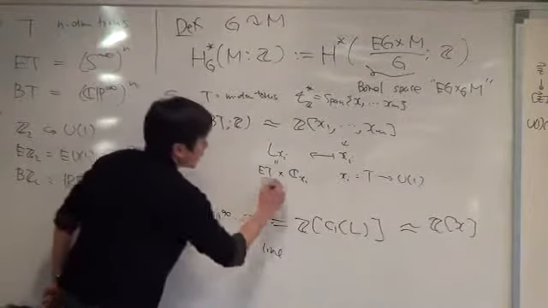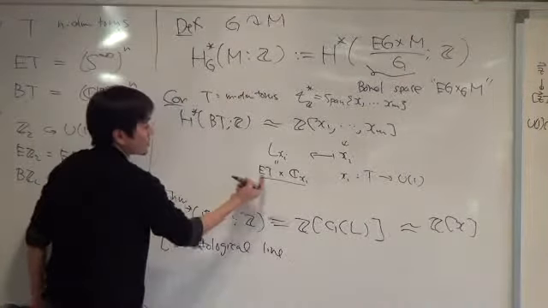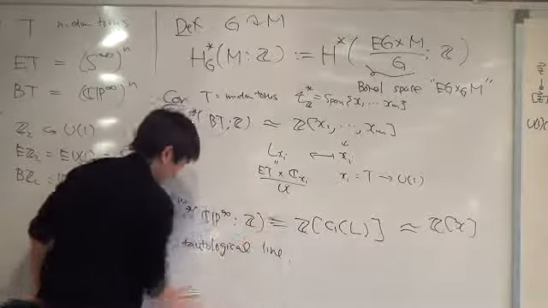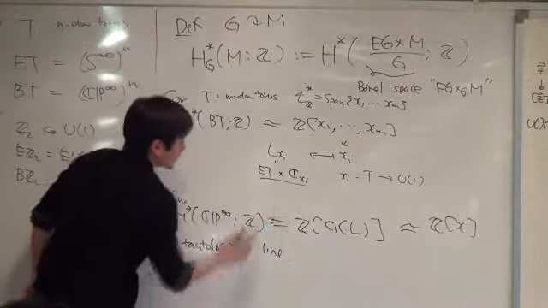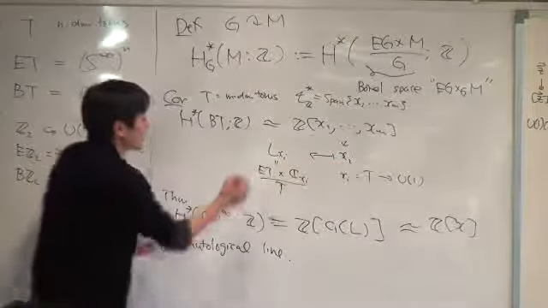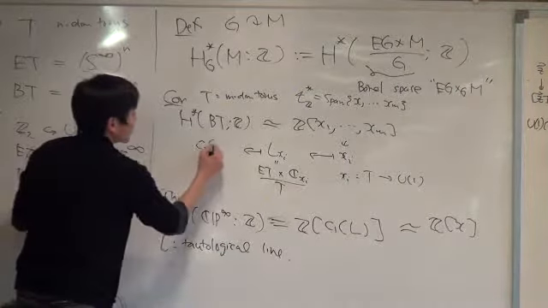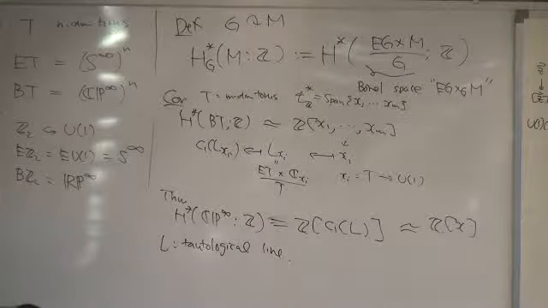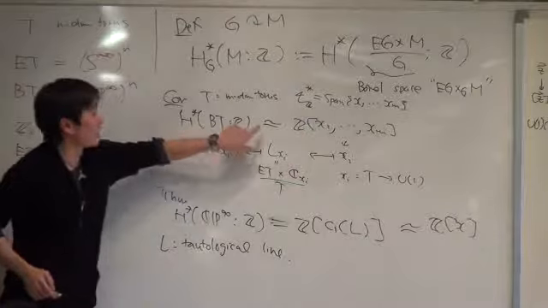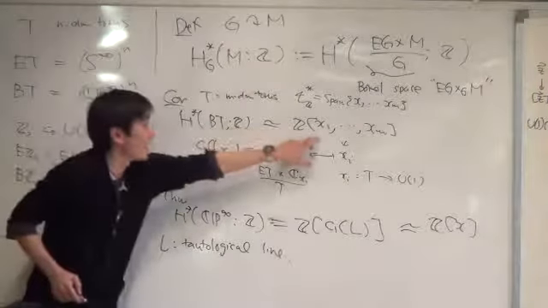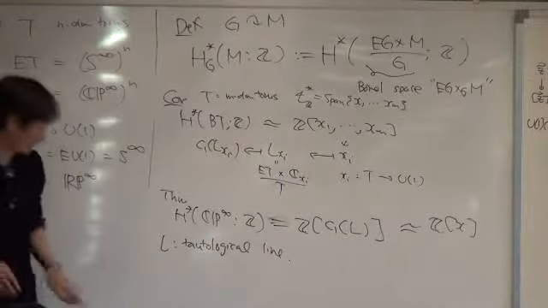Then use that action and take a quotient by the torus, and that gives you the line bundle corresponding to this character, and then send it to the first Chern class. That gives you a canonical isomorphism between the cohomology of BT and the polynomial ring.